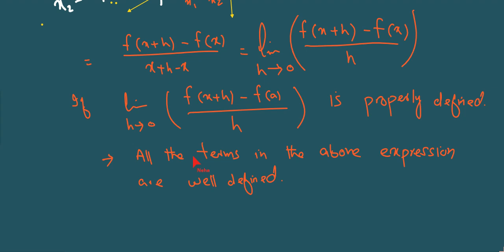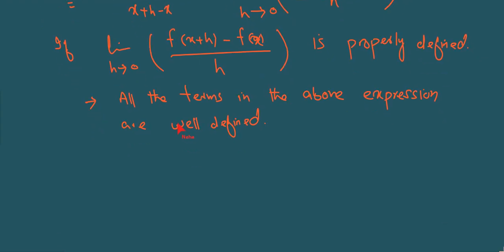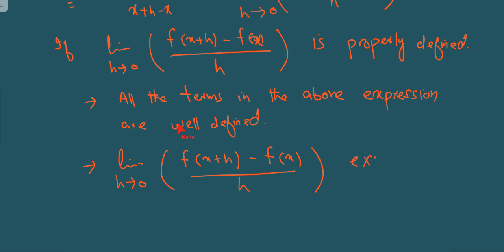Okay, this is x, this is not e, this is x. They are well defined, they are not giving us any infinity. Clear? And then yes, the limit exists. The limit as h tends to 0 of f of x plus h minus f of x over h exists. Clear?